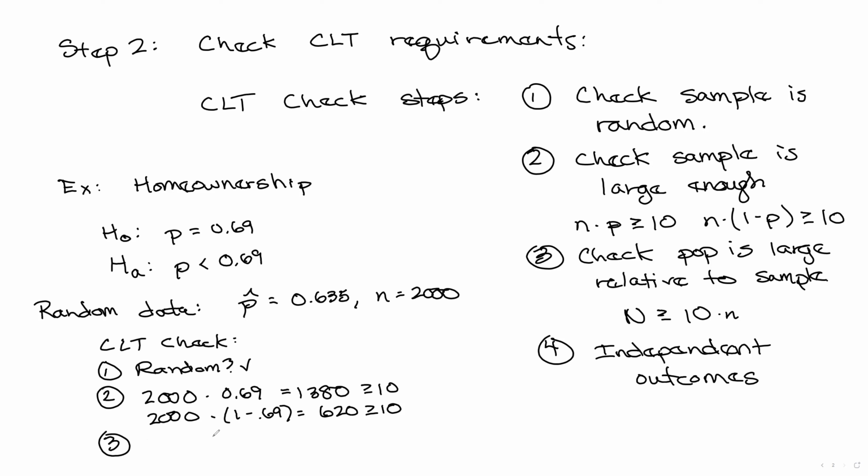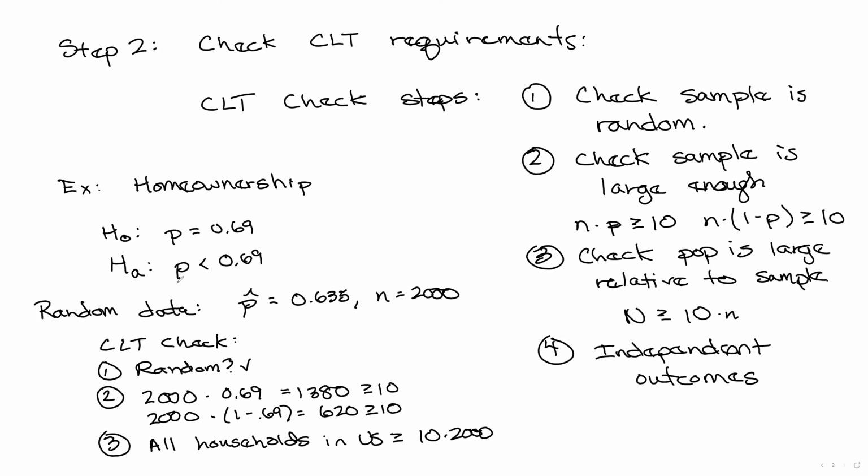And then step 3, this is more just a thing that you think about. If you took 10 times 2,000, is the population bigger than that? Well, we're talking about households in the United States. All households in the United States are clearly bigger than 10 times 2,000, which is 20,000.